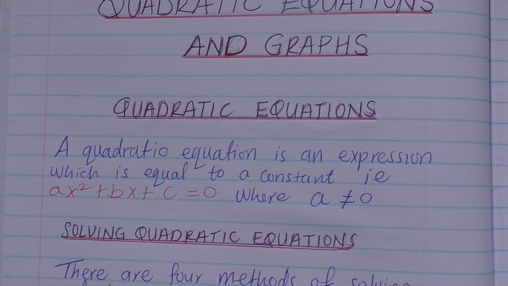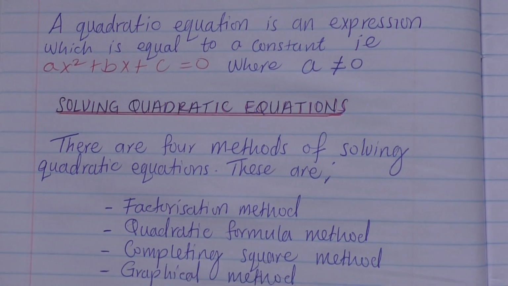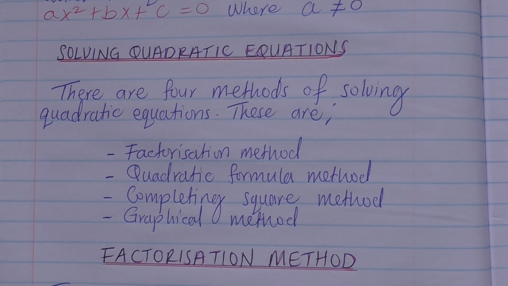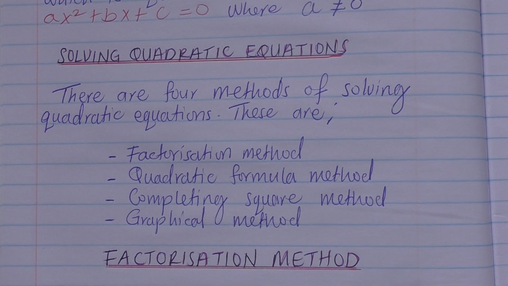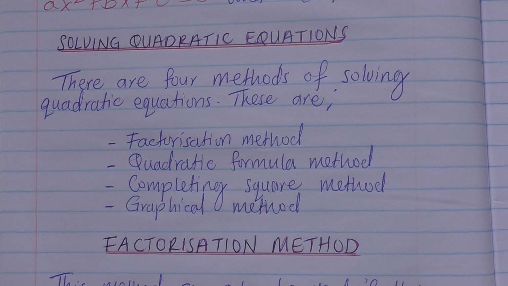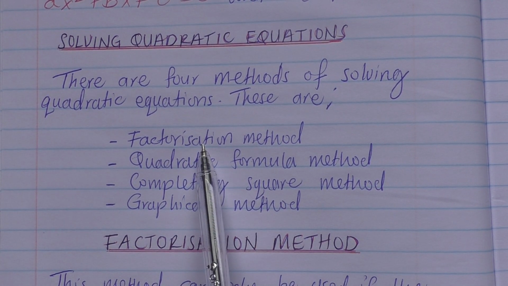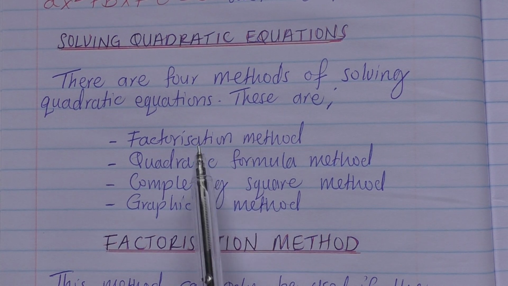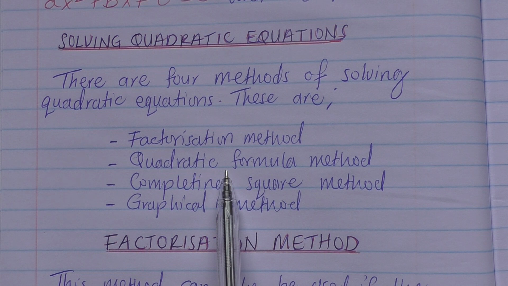Then, how do we solve quadratic equations? Quadratic equations can be solved by 4 methods. That is, we can use the factorization method, we can use the quadratic formula, the one you normally call the bulldozer.